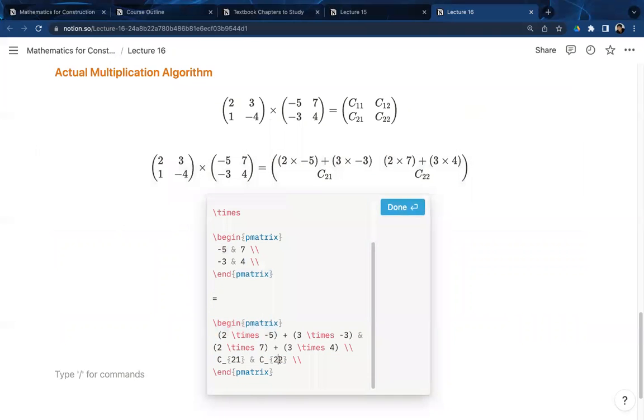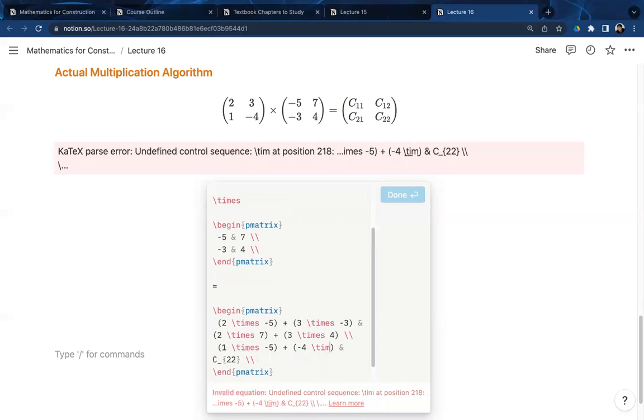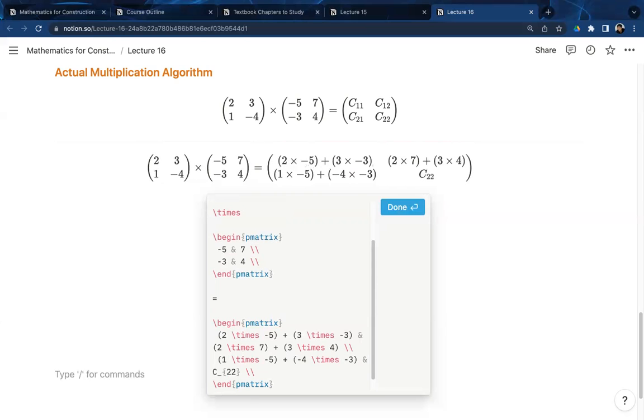So again, C21 is really adding two things. Which two things? Second row, we multiply by first column. So 1 by negative 5 minus 4 by minus 3.